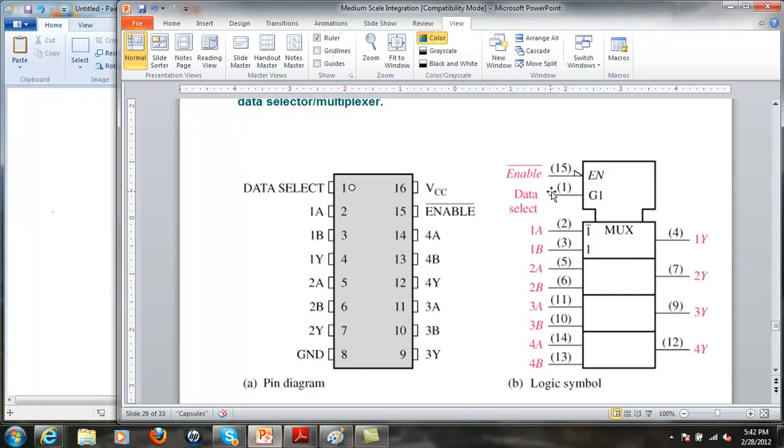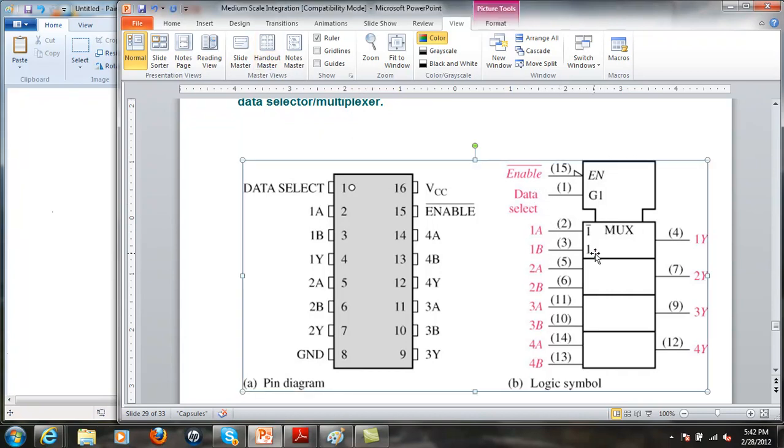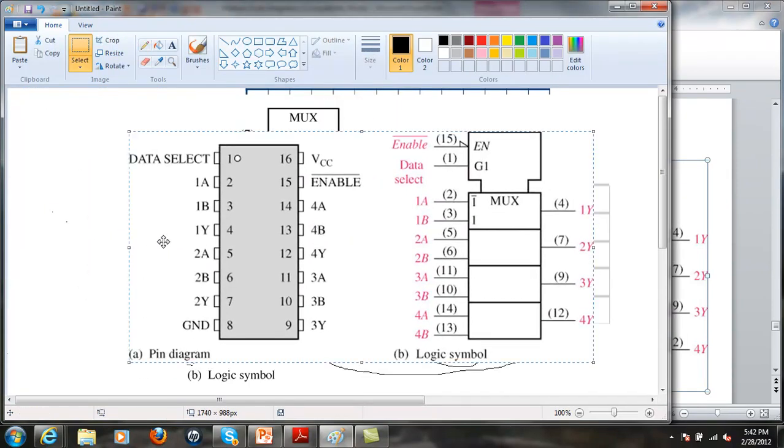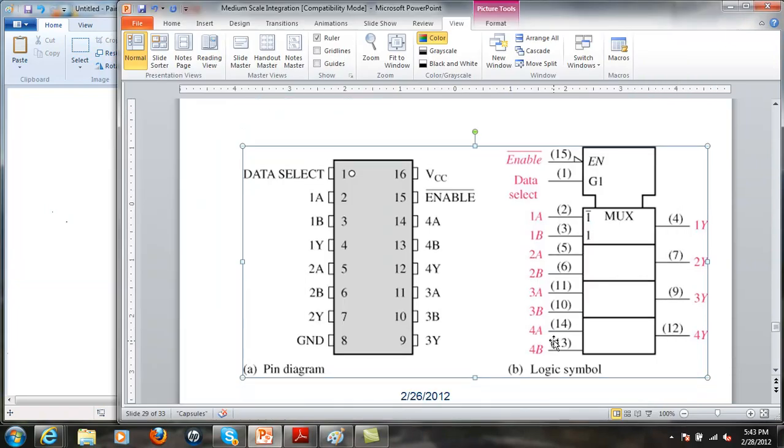So depending on which number I select at the data select is going to determine which of these outputs goes to one. So if I select channel 1A, I'm also selecting 2A and 3 and so on. So they all do the same thing depending on which of the 2 that I'm selecting. So this can either be a 0 or a 1. Just a different configuration for a multiplexer.